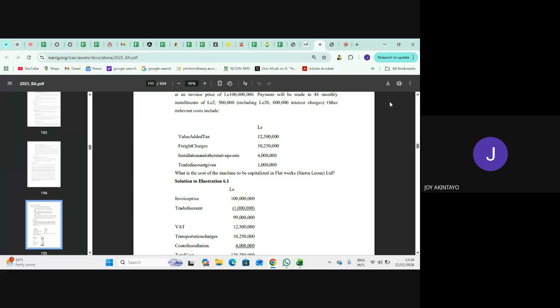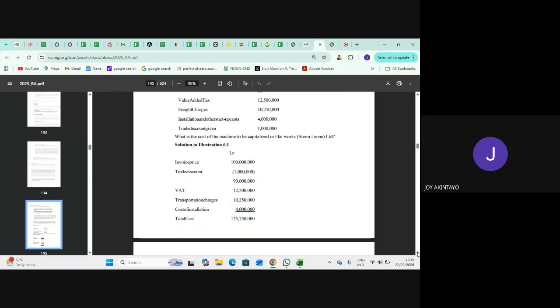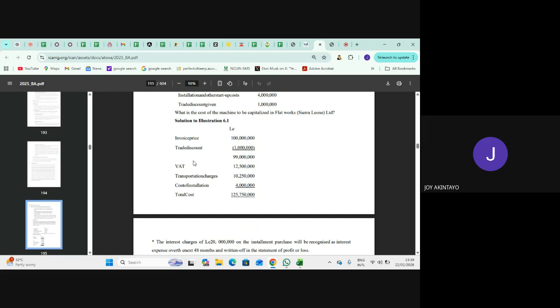Other costs of installation will be added, like the VAT, the transportation charges, then installation. Cost of installation will also be recognized.